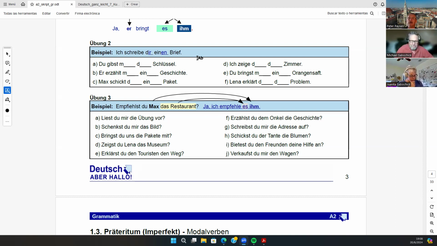Also Frage Nummer 1. Habt ihr diese Aufgaben gemacht? Jawohl. Wir haben, let's see, I forgot what try was. Versucht.